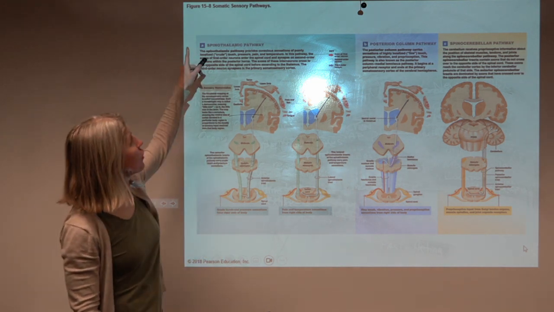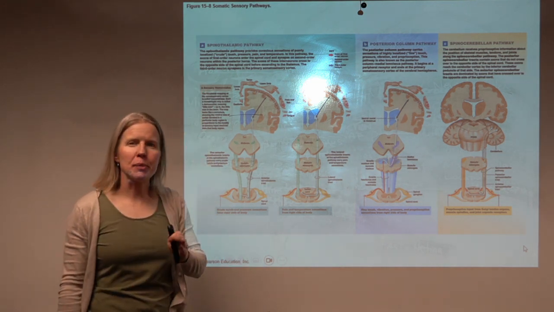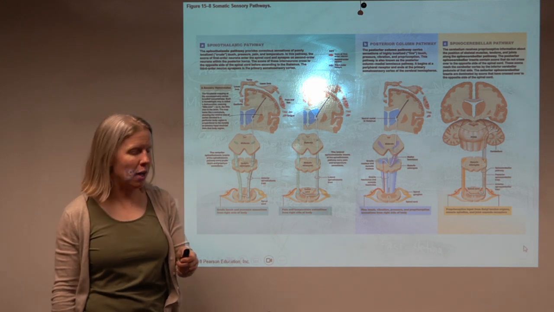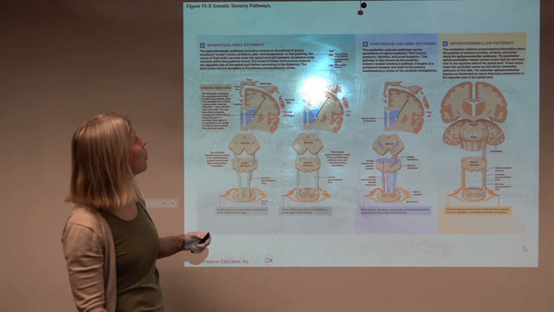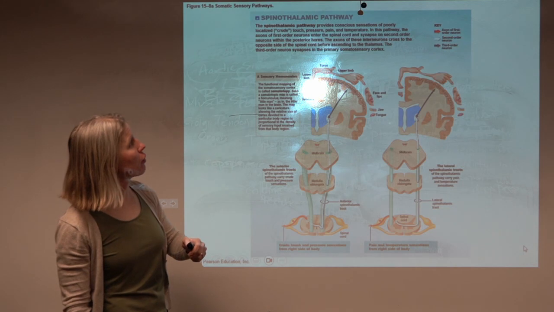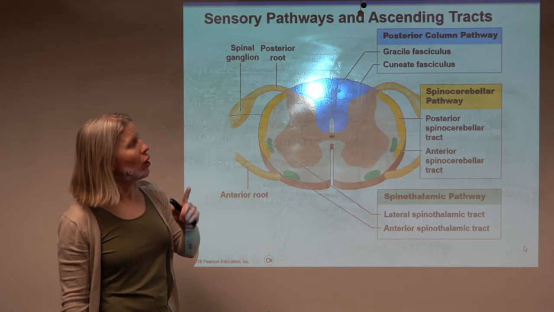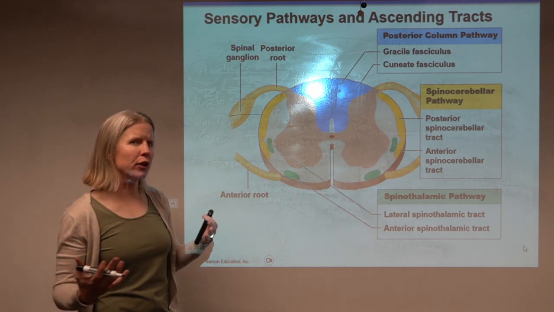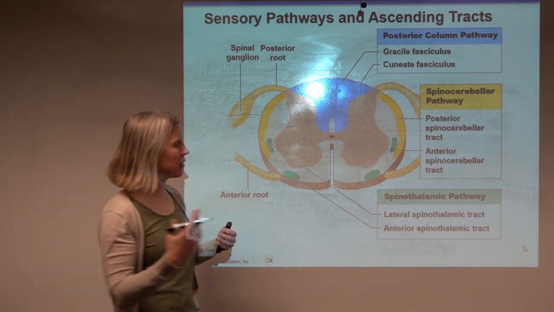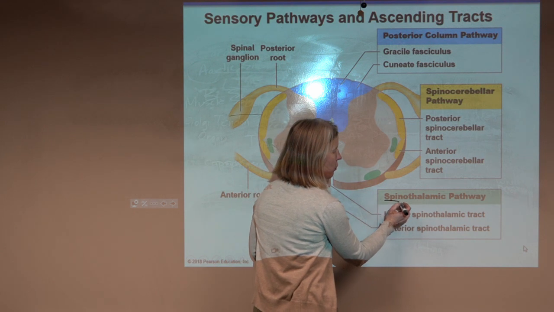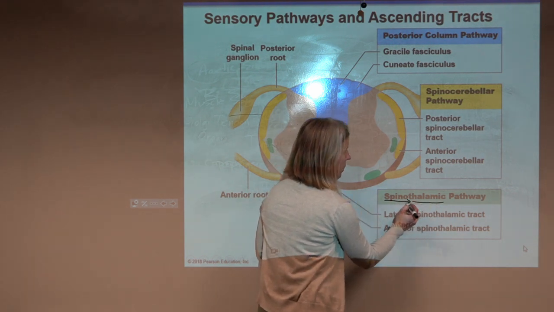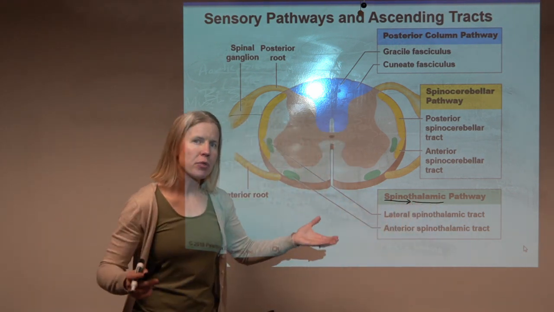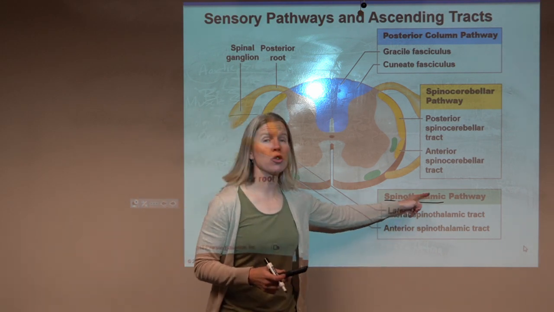You have a really nice picture, 15.8, that is about the level of information that I want you to get as we look at these three main pathways. So before we jump into that, let me just point out a couple of these are a little bit easier to make sense of than others, right? Spinothalamic, right? This is basically telling you this tract is coming from the spine towards the thalamus.